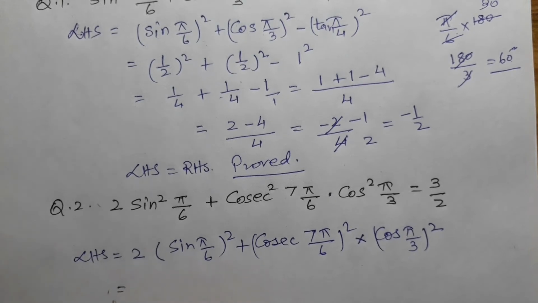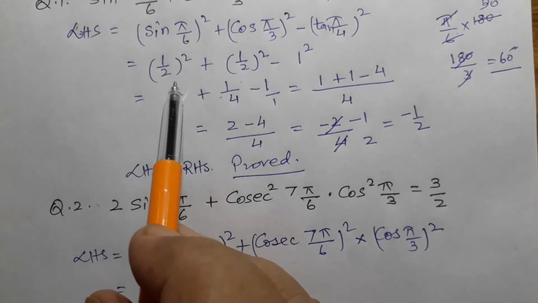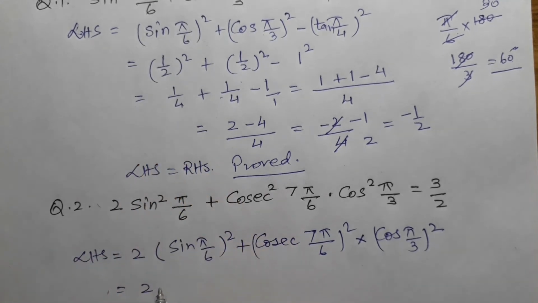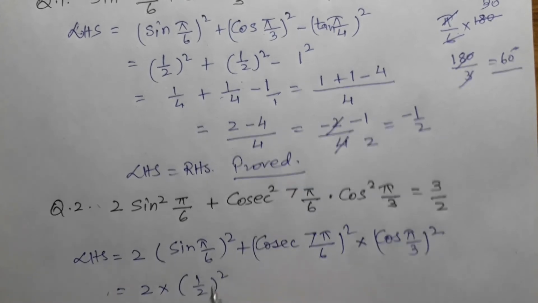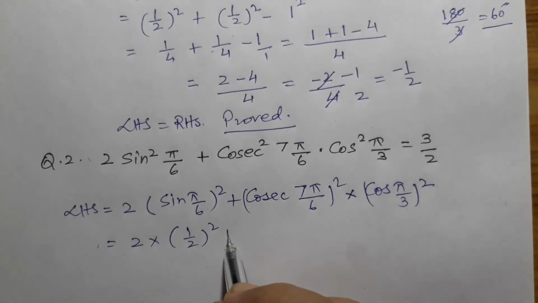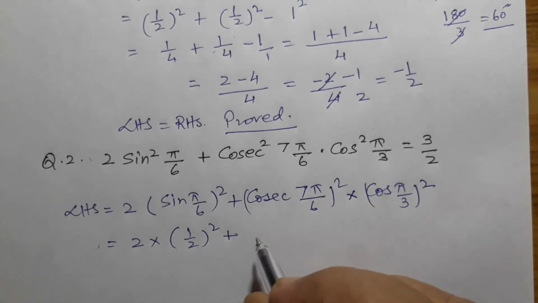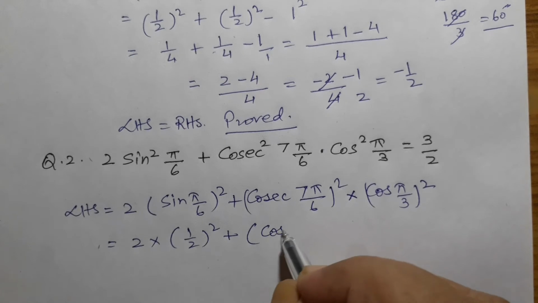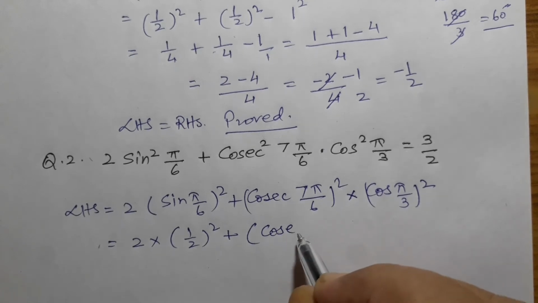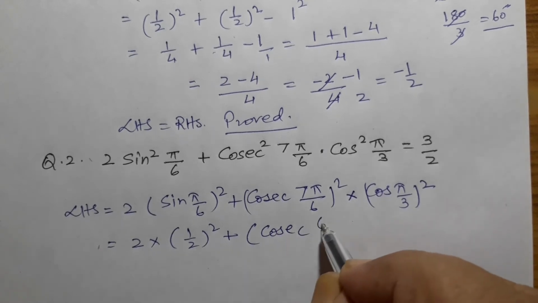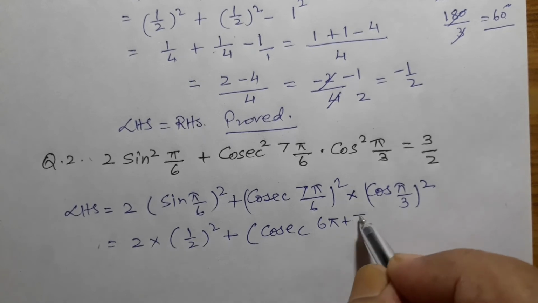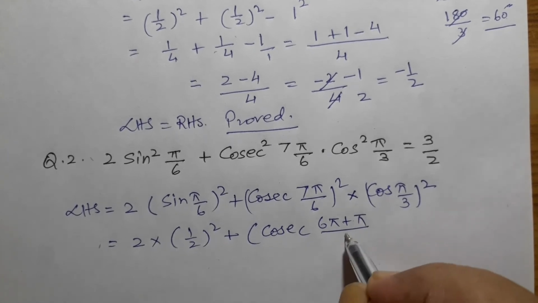So it will be 2 sine pi by 6, we already have sine pi by 6 equal to 1 by 2, so into 1 by 2 square, again plus at this place of 7 pi we can write cosec 6 pi plus pi by 6.